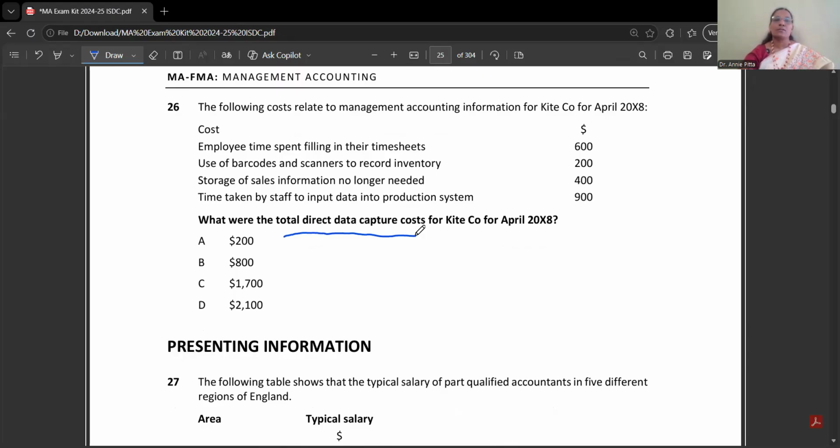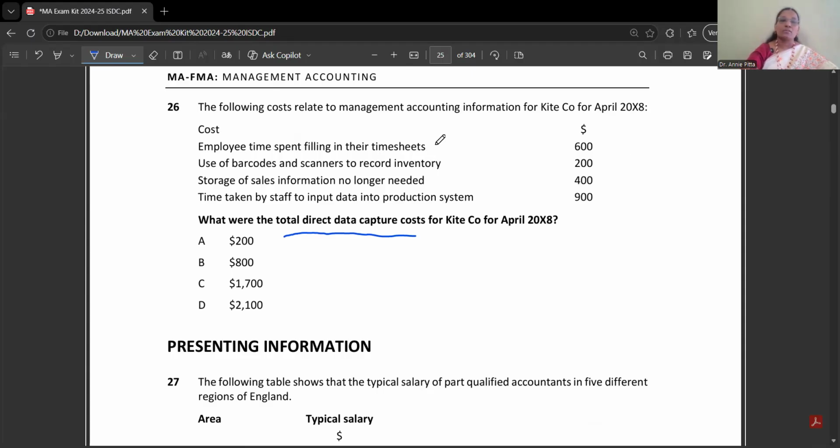Use of barcodes and scanners to record inventory, storage of sales information no longer needed, and time taken by staff to input data into the production system. We want the total direct data capture cost. To capture this data, what are the costs that are incurred? Okay, we have a list of 4 items. Employee time spent filling in their timesheet, 600.